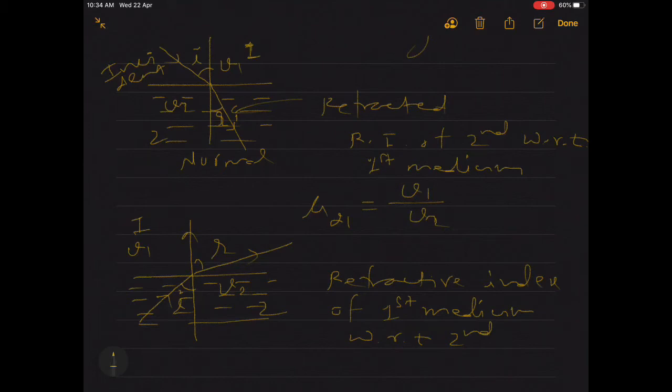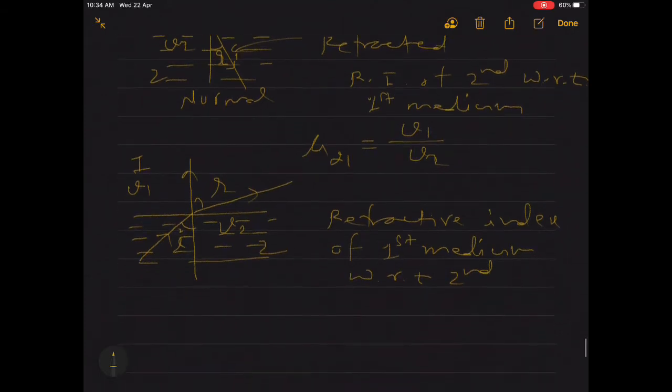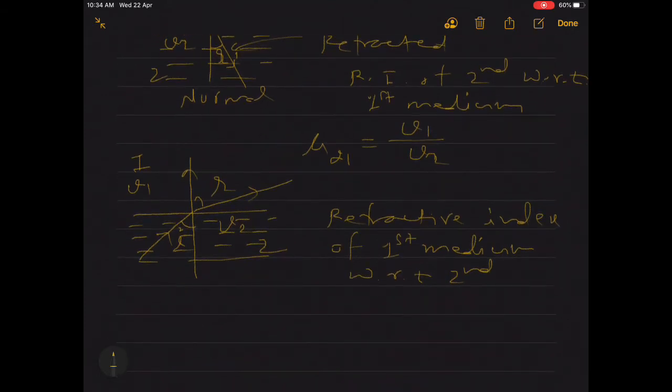So one thing is very clear, the refractive index is taken of the medium in which the ray is refracted. So mu 12 is equal to V2 upon V1.